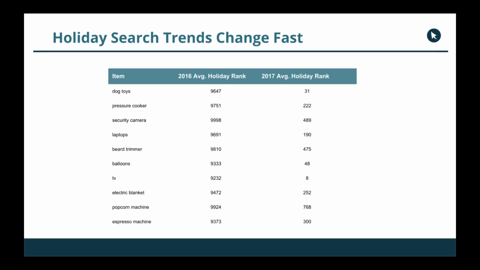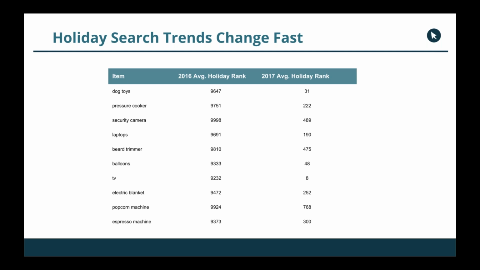Dog toys got really popular in 2017. Pressure cookers, the Instapot came out last year, hot product, drove a lot of category interest. Security camera, we're seeing, with Google Home and other devices, a lot more consumer interest in that category, certainly last year. Beard trimmer, don't know where that came from, but there you go.